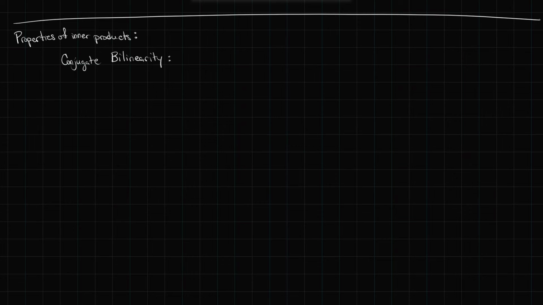And what this means is, suppose that I start with a linear combination of two vectors on the left-hand side of an inner product, and I just have another single vector on the right-hand side. Then what bilinearity allows me to do is it allows me to distribute all terms of the inner product the way we would think we should.